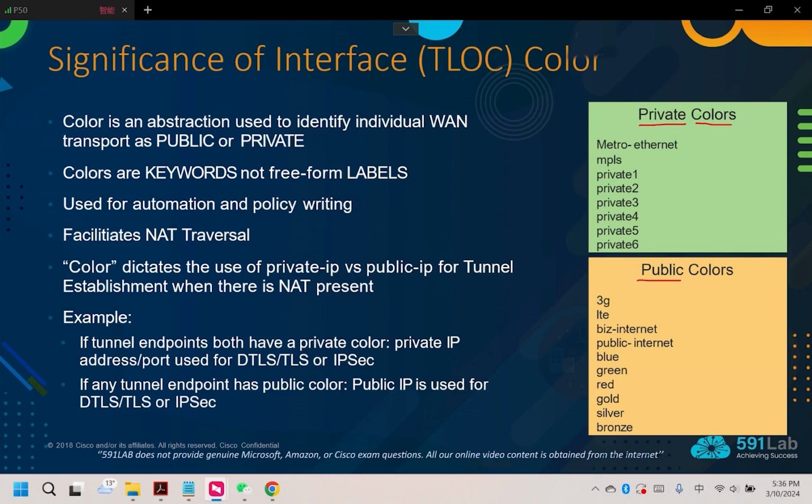We stipulate that private can form tunnels with private and public with public, but private and public between them cannot form a tunnel. Commonly, Ethernet lines, MPLS are considered private, while Internet lines, LTE, including 4G lines, are public.